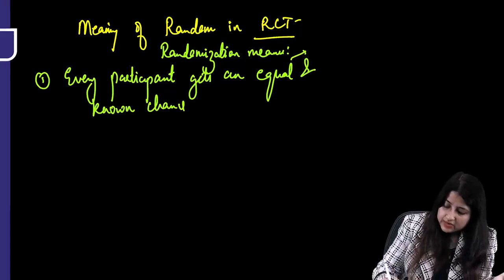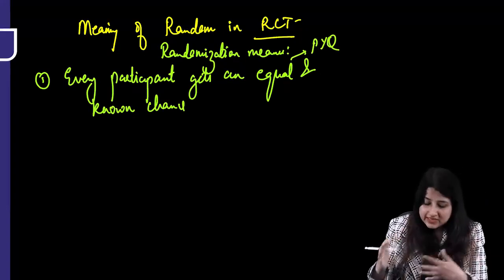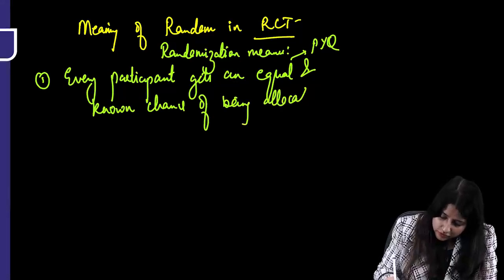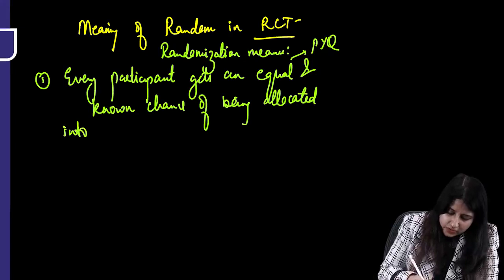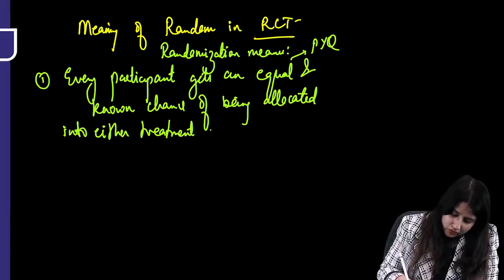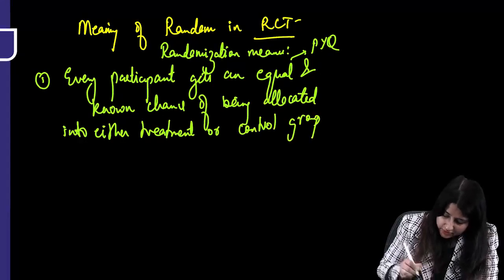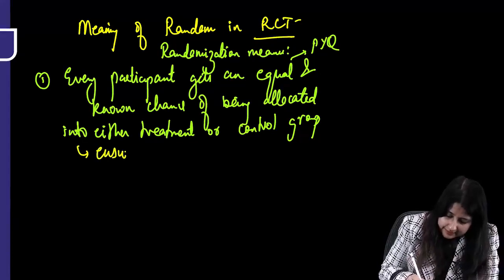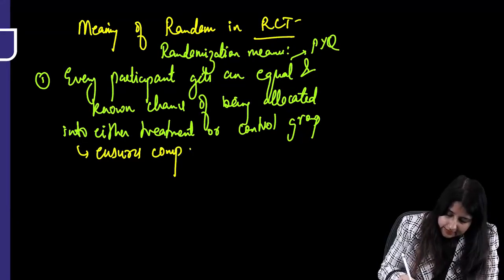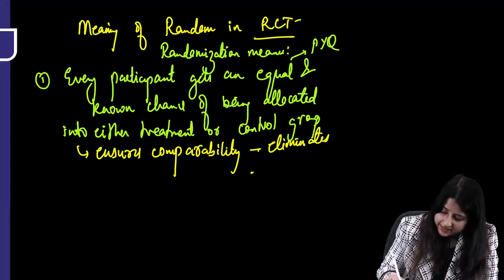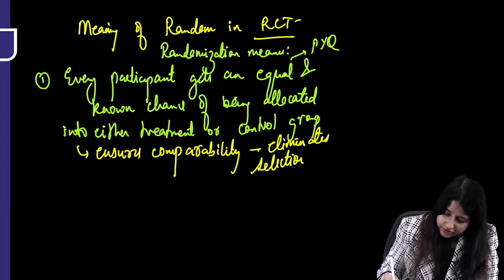This is a PYQ. Every participant gets an equal and known chance of being allocated into either the treatment or control group. So it ensures comparability. So it eliminates what? Very important. It eliminates what is known as selection bias.